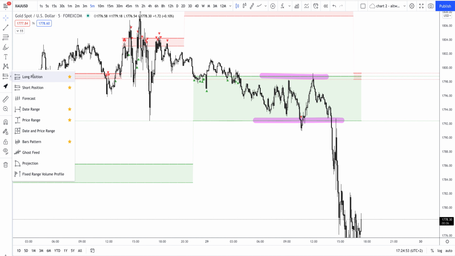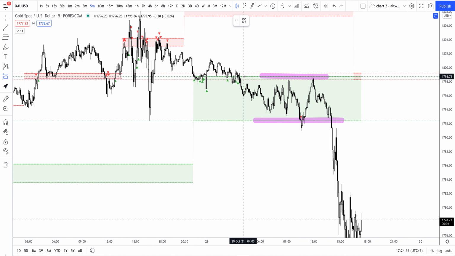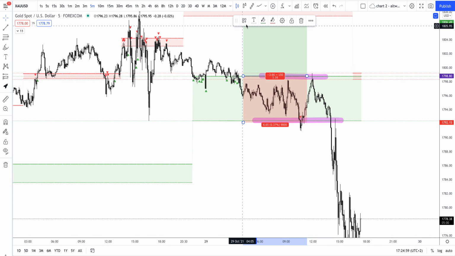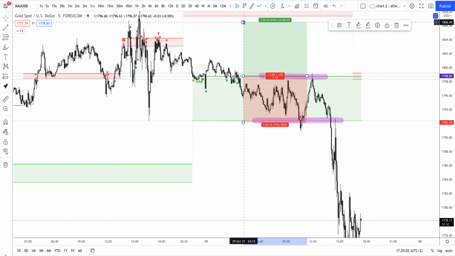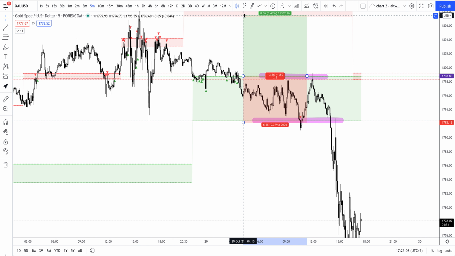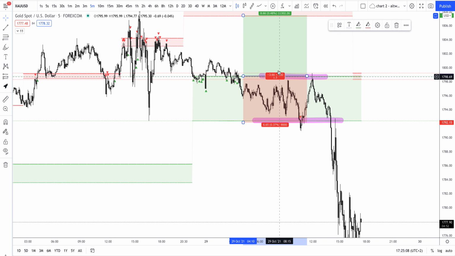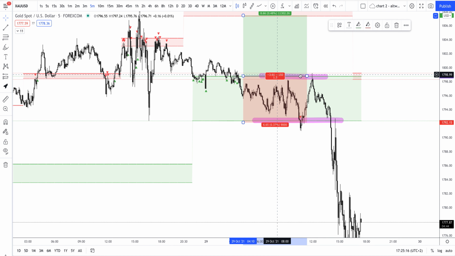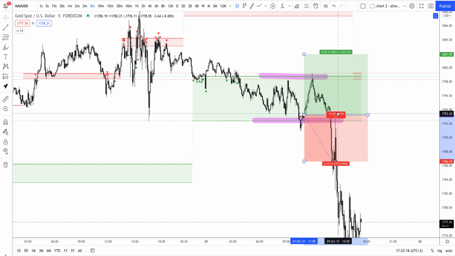If you long here, for example, with a stop loss below here, you clearly have this as the first target and this as the second target. It's not a very high risk reward, so maybe you could skip this trade, or instead trade this kind of trade.